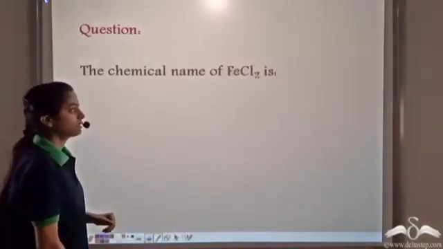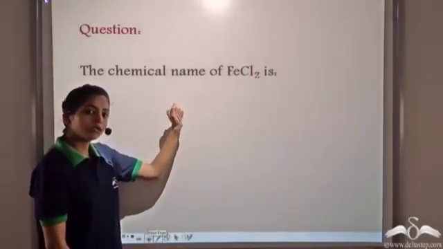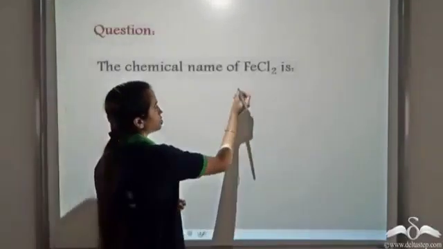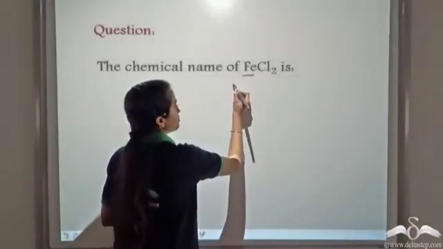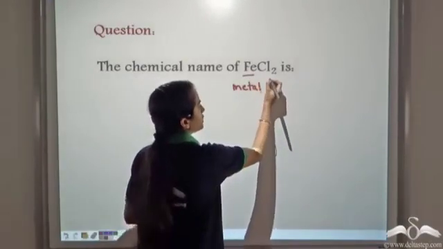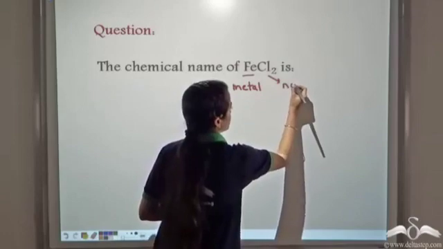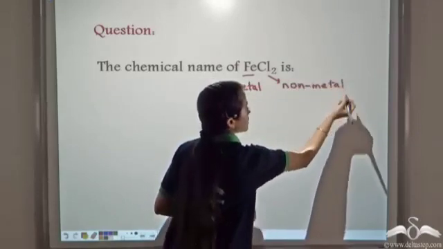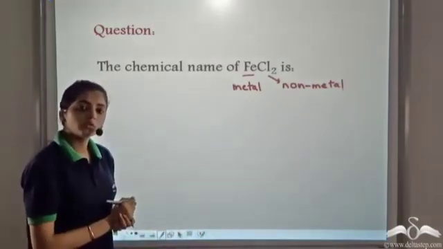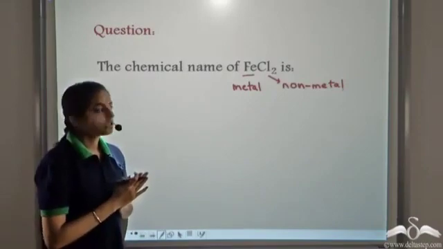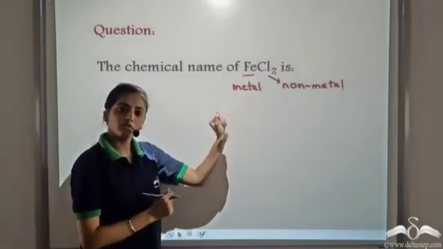Similarly, when we have a compound FeCl2, what should this be called? In FeCl2, we know Fe is a metal and chlorine is a non-metal. While naming the compound, we always name the metal first and then the non-metal. So in this case, we name Fe first.